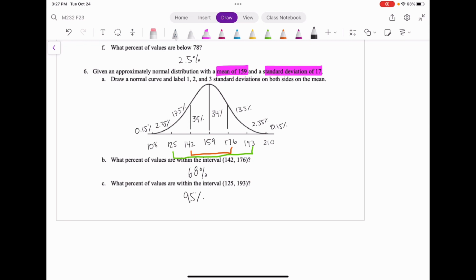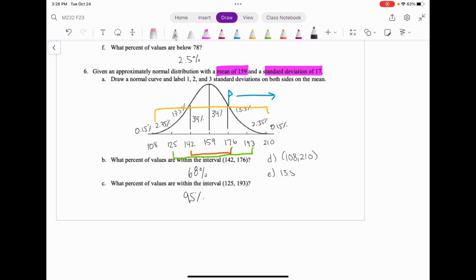On the next page are the next questions. I'm going to go ahead and answer them here with our drawing. The next question says, what interval contains 99.7%? So 99.7% is 3 standard deviations, which is going to be from 108 to 210. Question E says, what percent of values are above 176? So I go to 176 and I go to the right and I add those values.